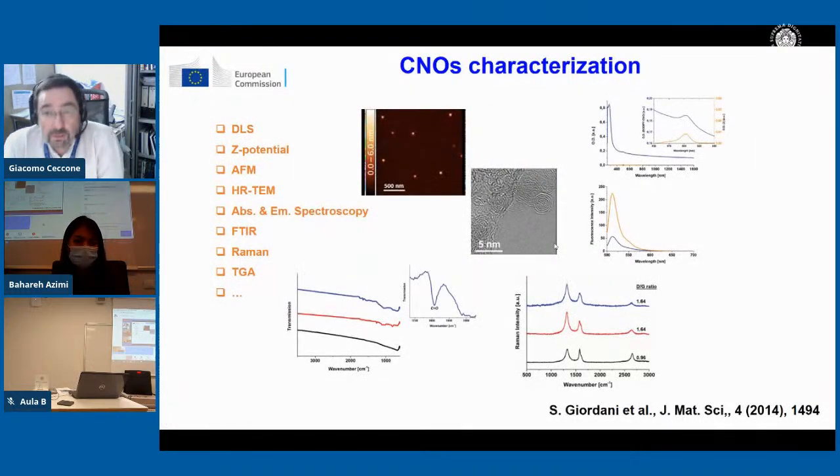So how are these materials usually characterized? They are characterized with the usual techniques: DLS, zeta potential, AFM, FTIR, Raman, because with Raman you have the ratio between the graphite and graphene, and sp3, sp2 bonds, and also TGA.